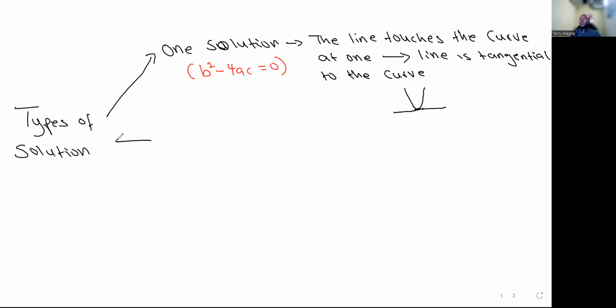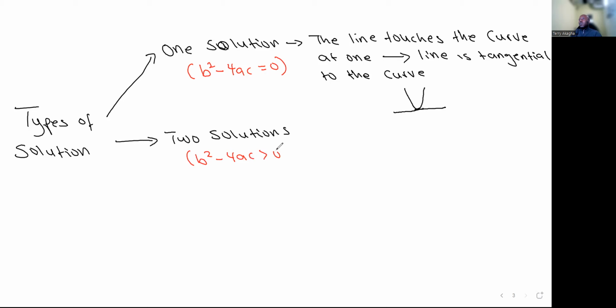Now, it's also possible that you could solve and get two solutions. With two solutions, the discriminant of the resulting equation is greater than 0.